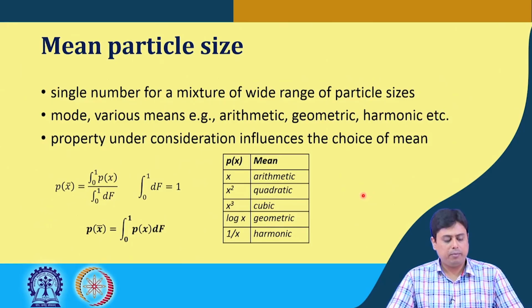Let me give you an example at this moment. The property under consideration influences the choice of mean. That means it depends on the application for which you are looking for the mean of that sample or collection of particles. For example, flow through such particles is equivalent to flow through a packed bed of particles. In that case, which mean should you use?